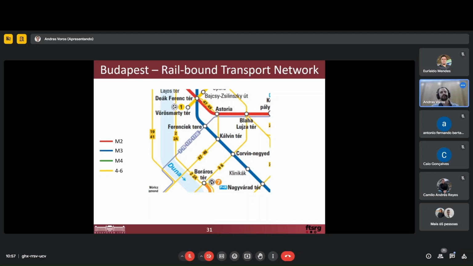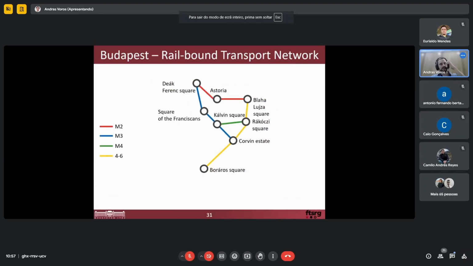But now we will focus on only some lines that are depicted. They are called M2, M3, M4, and 4-6. They are lines in Budapest. So whenever you go to Budapest, you will use these lines. And we can just filter the view and show the stations and the lines, the connections between them.